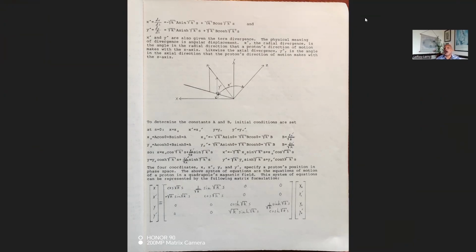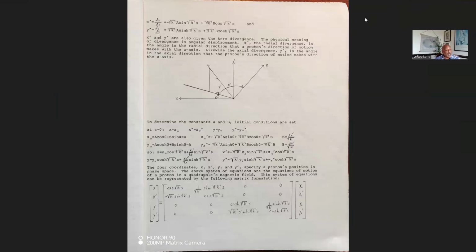We have X and Y. We have the horizontal position of the proton, and we have the vertical position of the proton with respect to that central trajectory.